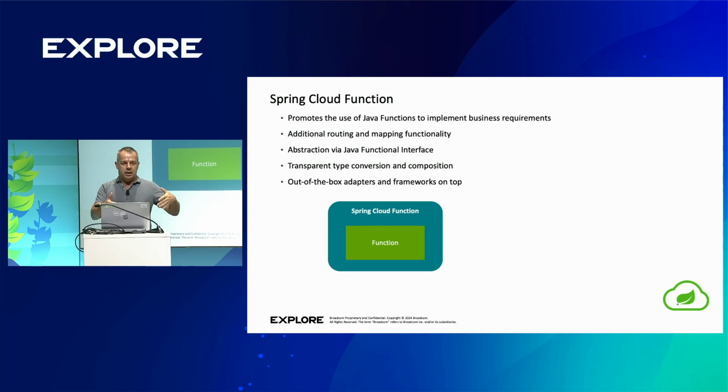For example, when we were talking about Spring Cloud Stream, the message arrives, the internal framework-based message handler received the message, went through the process and invoked your code, right? So Spring Cloud Function provides that ability to integrate with a variety of different systems and frameworks, right?